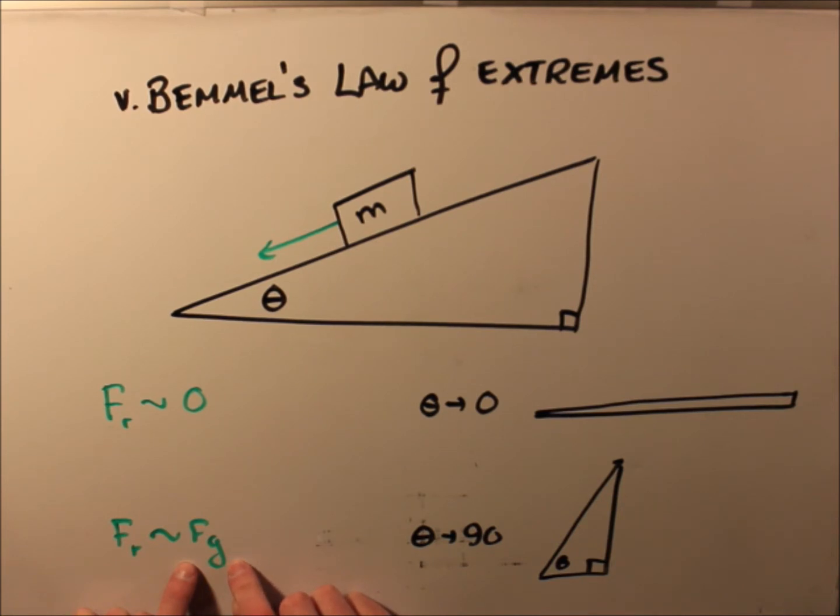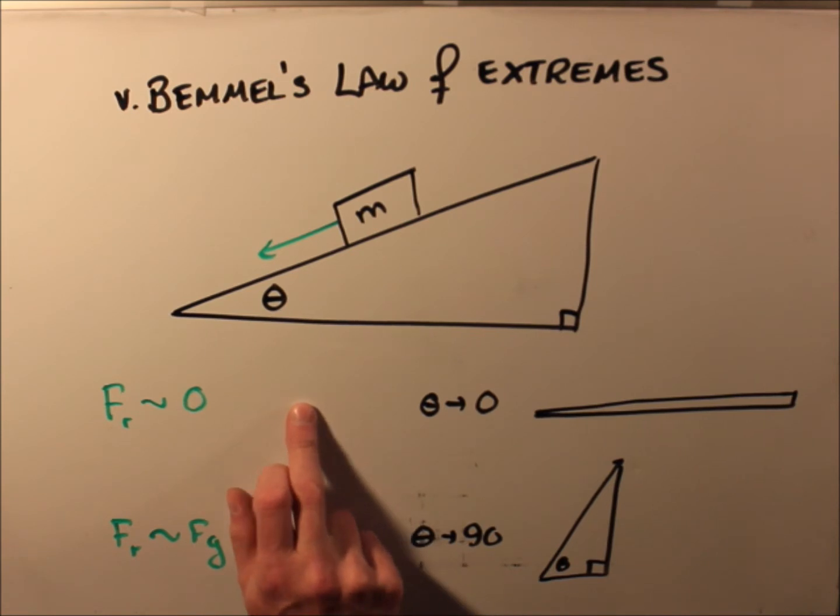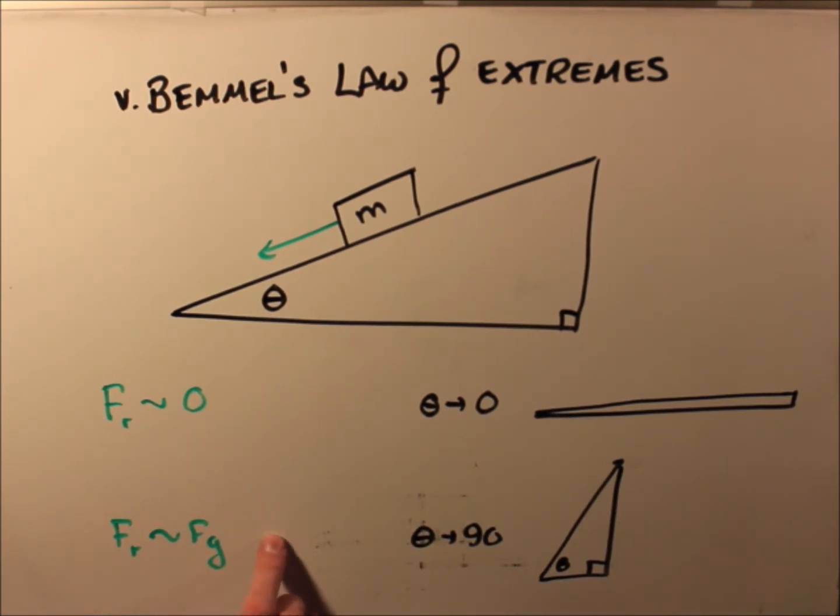Now, in this example, we need a trigonometric function that is a maximum here at 90 degrees and a minimum, or 0 effectively, at 0. Now this maximum is not infinity, so tangent's out on this one, because the most force that you could pull the mass down the ramp is the force of gravity. So what we want is a multiplier that when it's at a maximum is going to equal 1. So we can put that in, because that's going to help us too. So we have max equals 1.